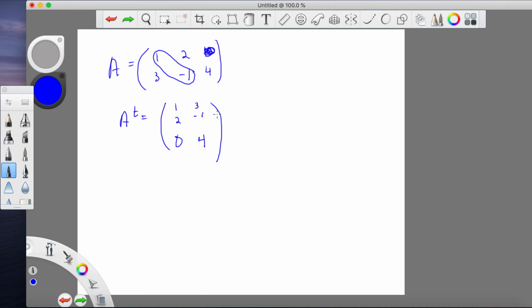Okay, so the next thing you could do is multiply A by A transpose. I'm not going to do that, but I'm just saying you could do it. So let's think, what is the dimension of it? Well, it's a 2 by 3 matrix and a 3 by 2 matrix.